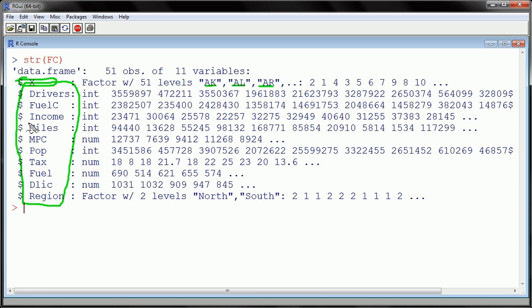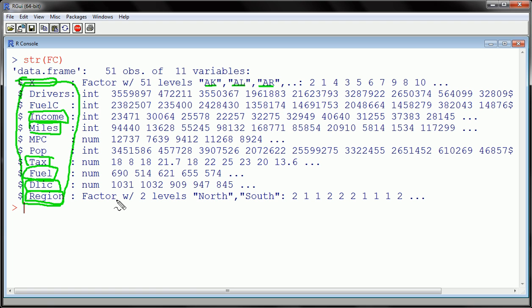Besides that, all the rest of these have to do with fuel consumption: the population, the miles, which stands for miles of highway, income, which is the average income in the state, fuel consumption per person, the number of driver licensed citizens in the state, the gas tax for the state, and the region, whether the state is north or south. The ones I've boxed are the ones I'm going to focus on, and we'll just limit our analysis to those.